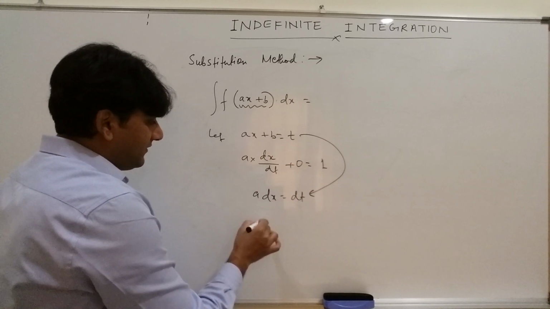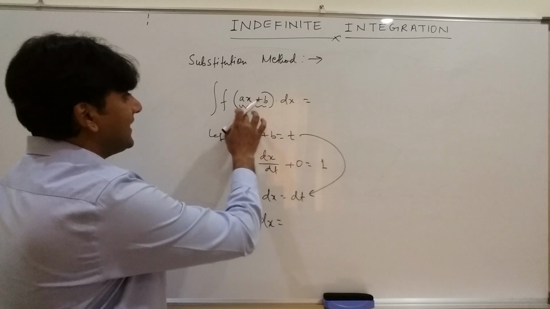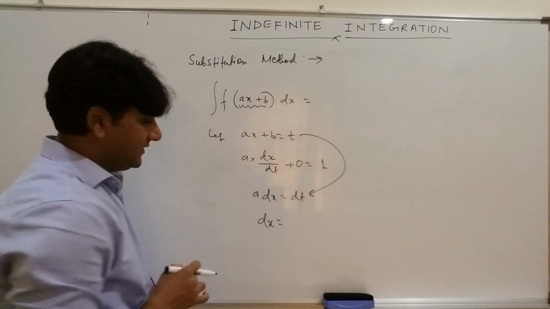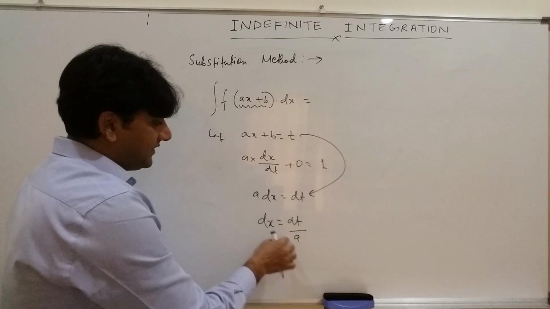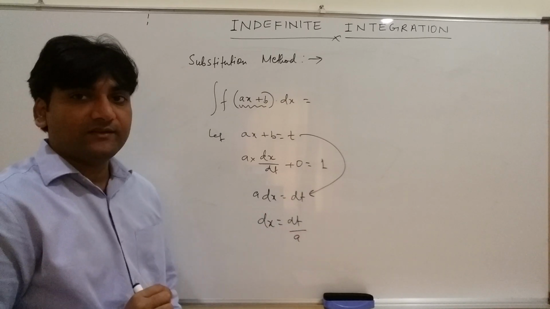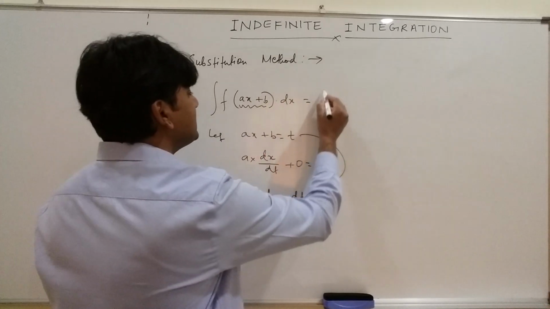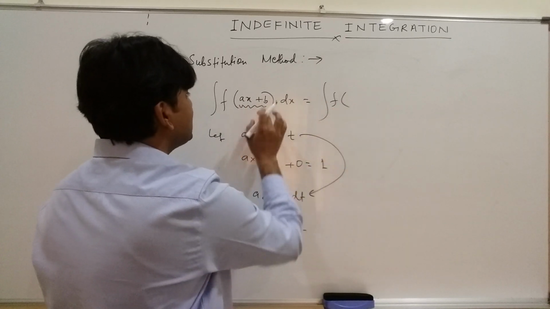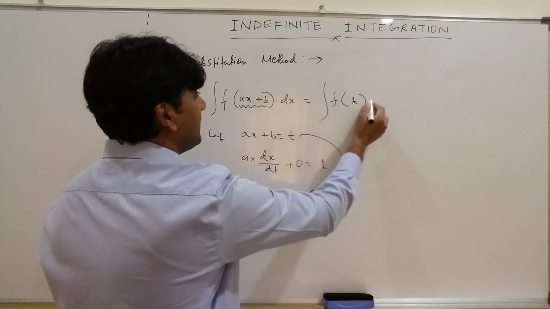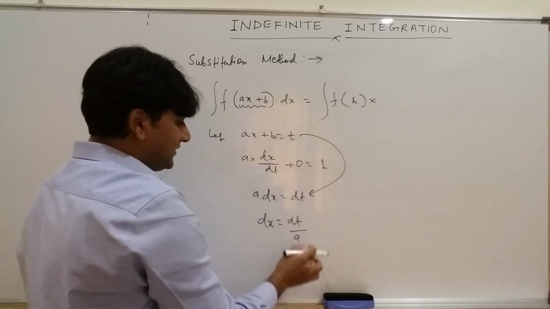But we have to replace ax plus b as well as dx. So dx equals dt over a. This a will come in the denominator of dt. So what is the integration right now? f of ax plus b as t, so this is f of t, and dx is dt over a.